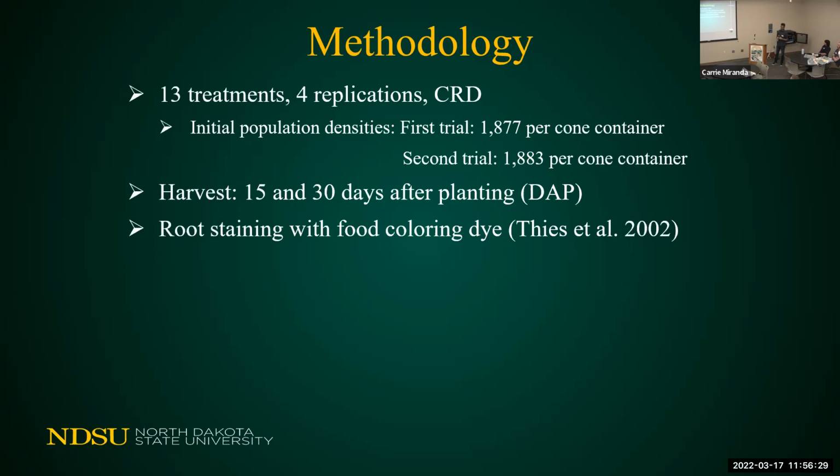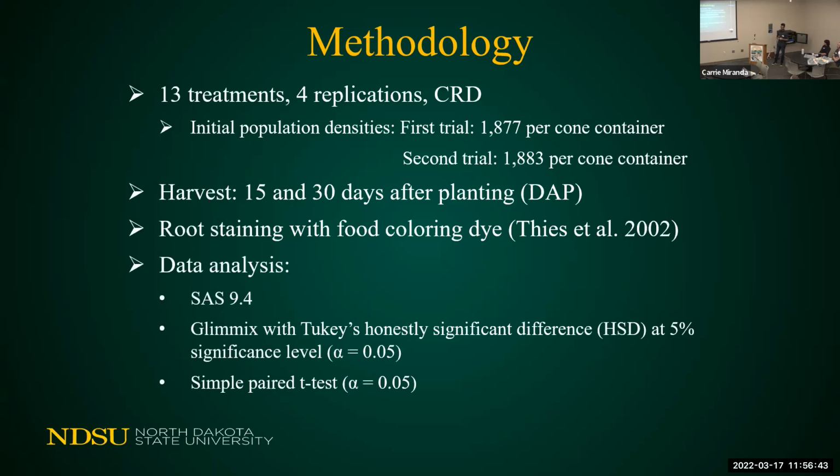We planted 2 sets of plants to harvest at 15 days after planting and 30 days after planting to see the change in the population inside the root. We did root staining with food coloring dye using the protocol developed by Thies et al. The data were analyzed using SAS 9.4 software with PROC GLIMMIX and Tukey's HSD to separate the means. We also did a simple paired t-test to compare the data between 15 days after planting and 30 days after planting.